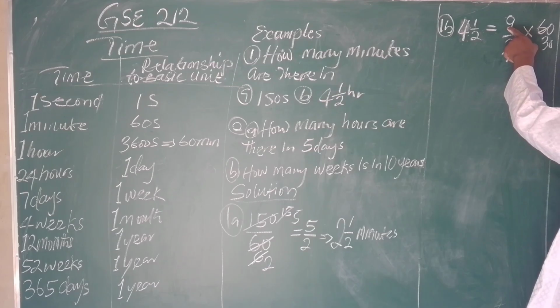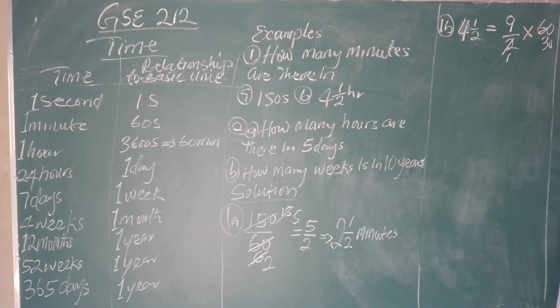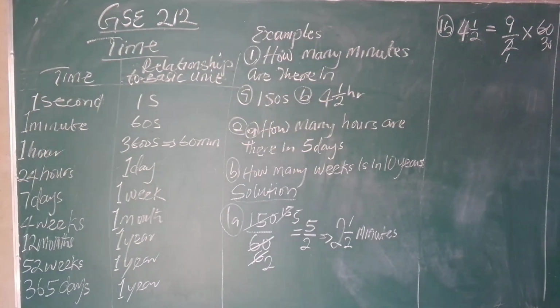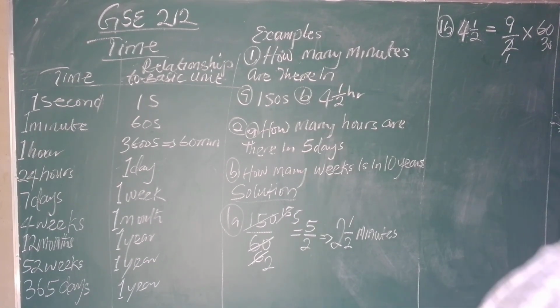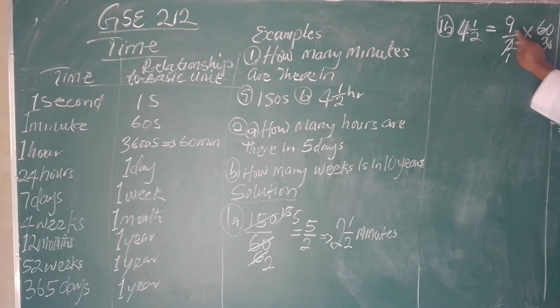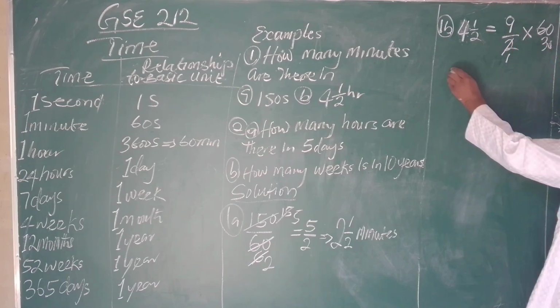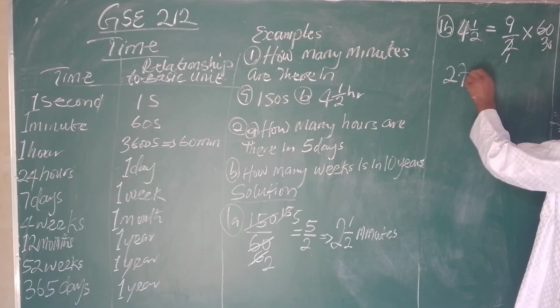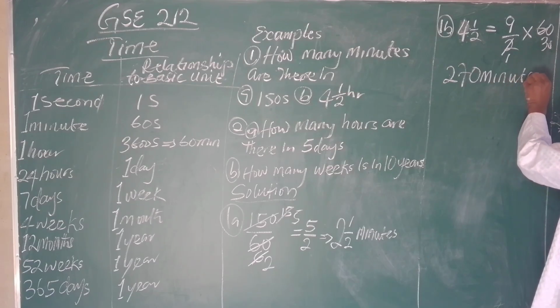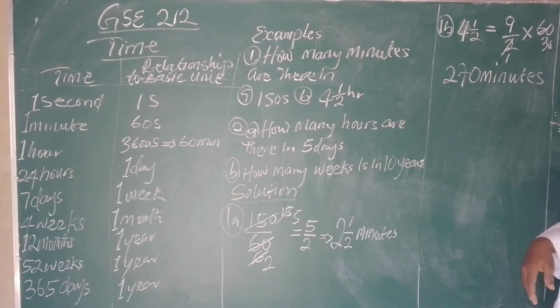Therefore, we have 9 times 30, which is going to give us 270 minutes. That is the answer.